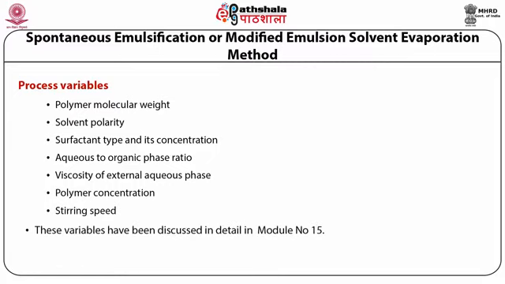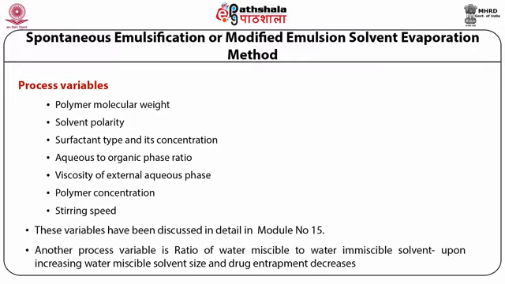All these process variables we have already discussed in the previous section, that is module number 15. The important process variable under this particular method is the ratio of water miscible to water immiscible solvent, because it was seen that upon increasing the water miscible solvent, the size and the drug entrapment of the nanoparticles decrease.